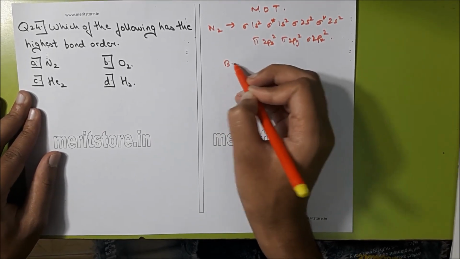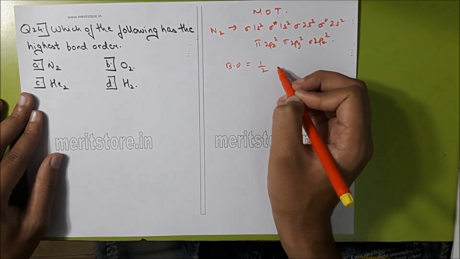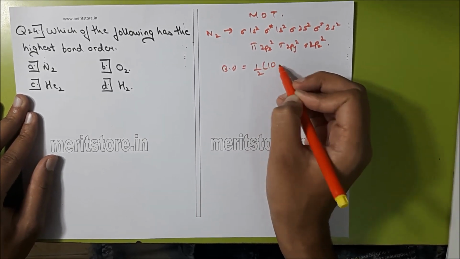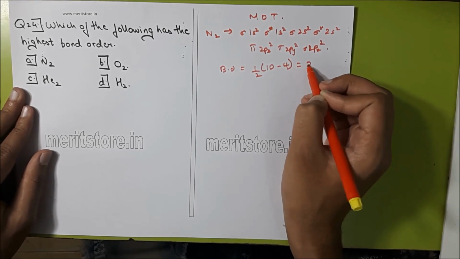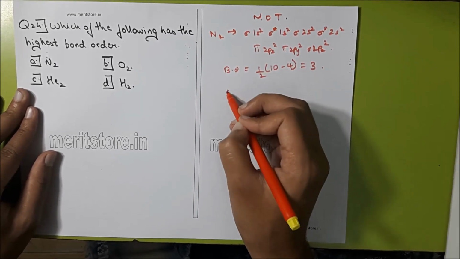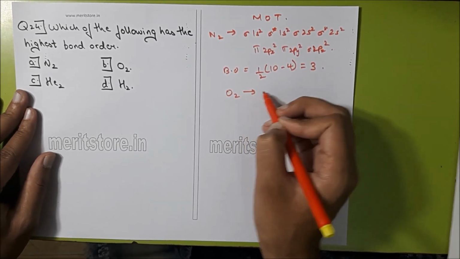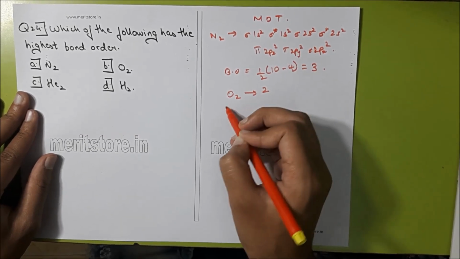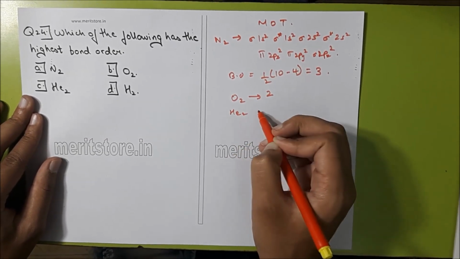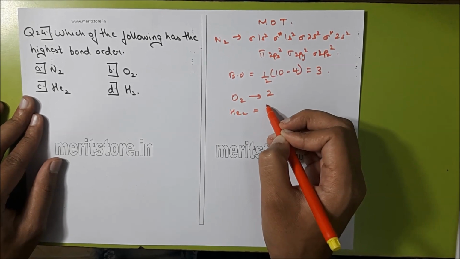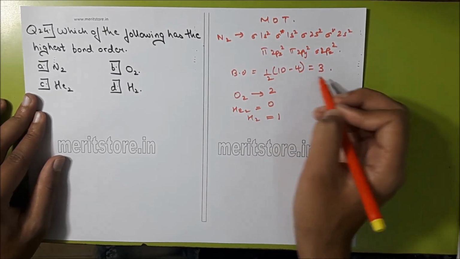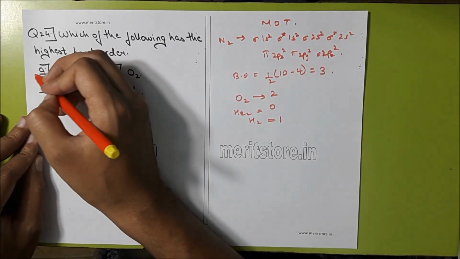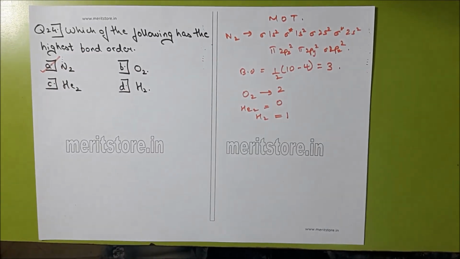So bond order is equal to half into bonding electrons, which is 10, minus anti-bonding electrons, which is 4, which is equal to 3. Similarly, if we find bond order for oxygen, we get 2, helium equal to 0, and hydrogen equal to 1. So bond order for nitrogen is maximum, which is 3. Option A is the correct option.